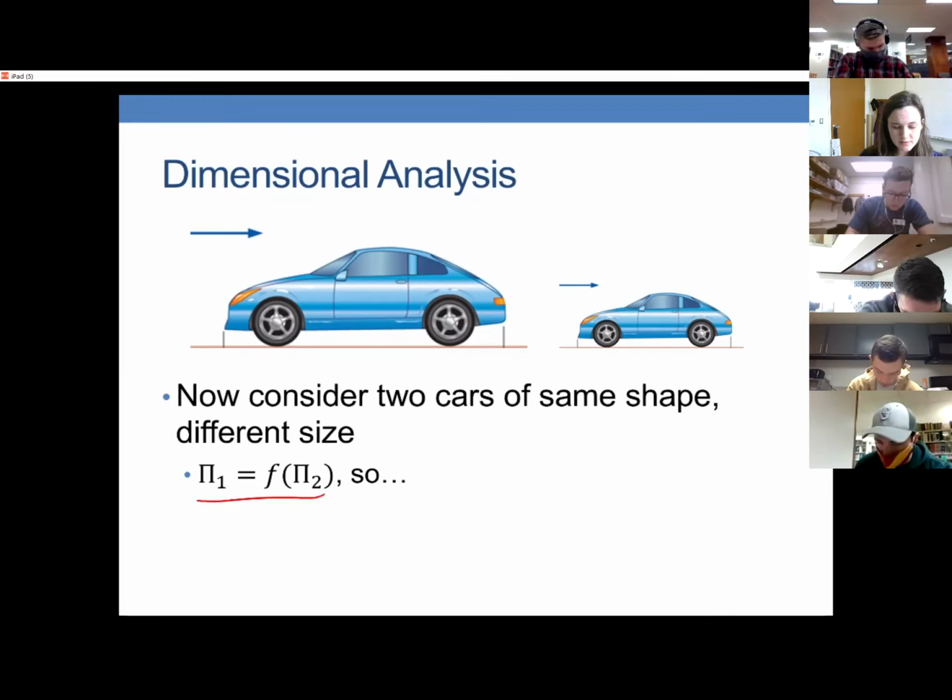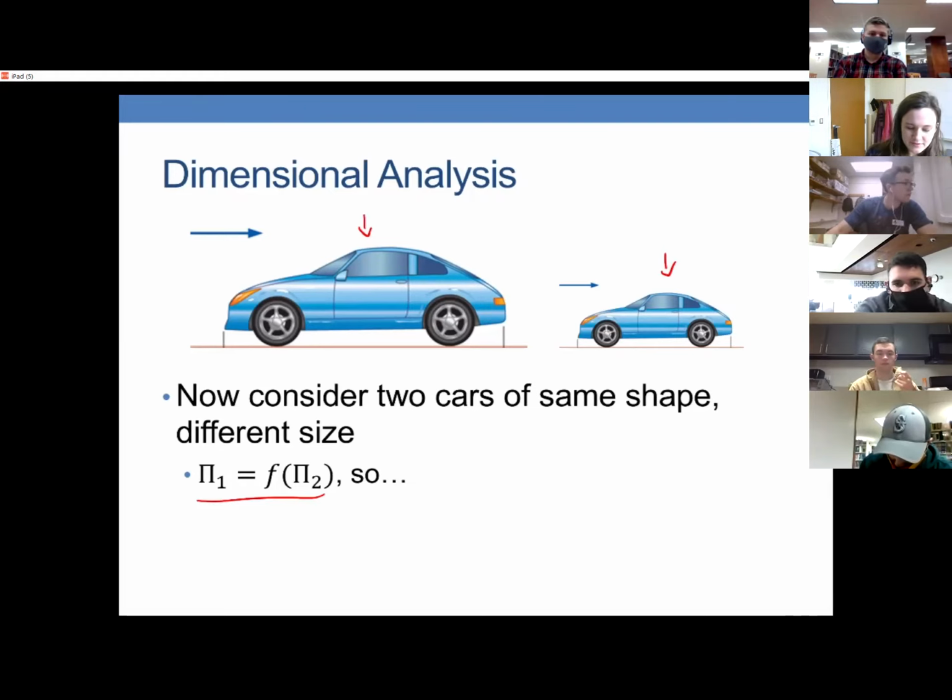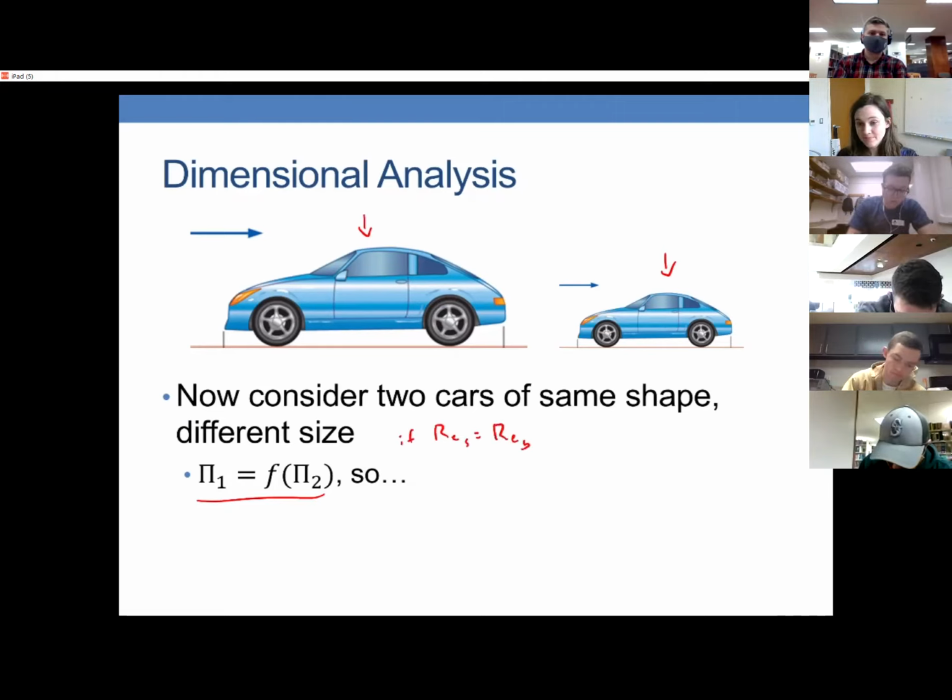So if the Reynolds number around the little car is the same as the Reynolds number around the big car, so let's say I'm going to use small and big. If Reynolds number small is equal to Reynolds number big, what does that tell us? Does anyone have an idea?